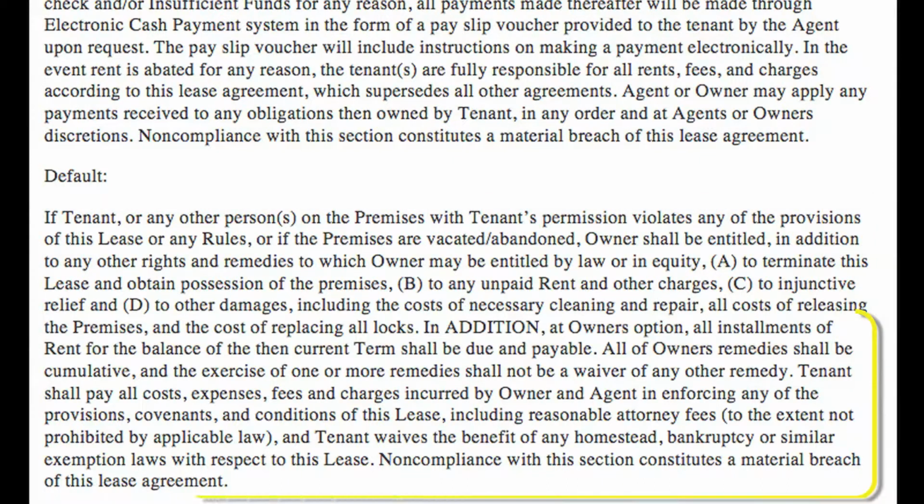In addition, at owner's option, all installments of rent for the balance of the then current rent shall be due and payable.